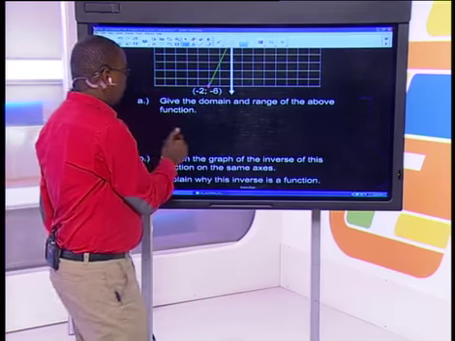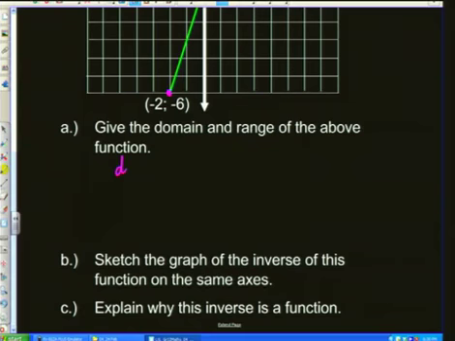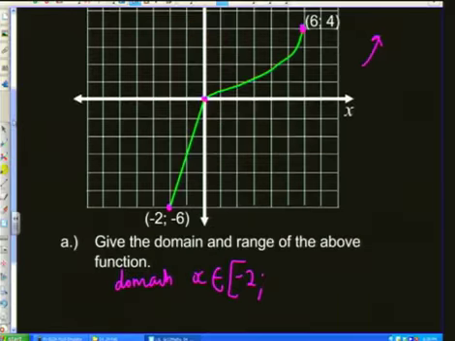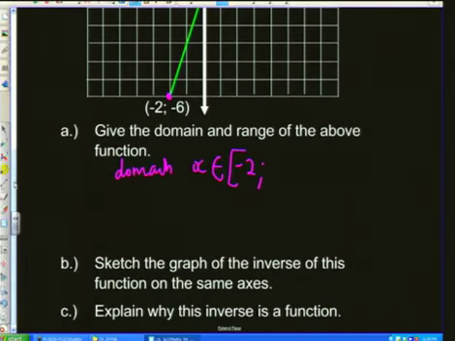So what we're going to say is the domain of this one is x is an element of, now I'm including the negative 2, so it's from minus 2, and stop at 6. So I'm using square brackets.